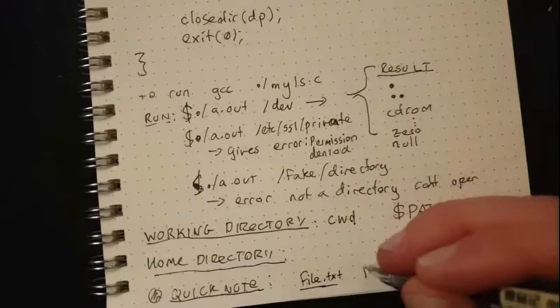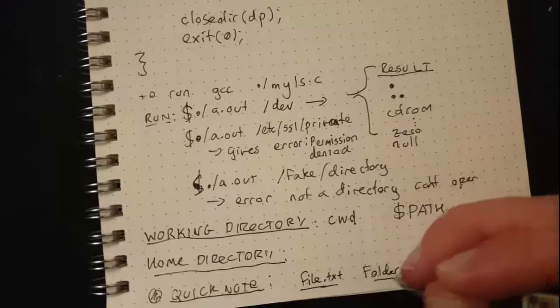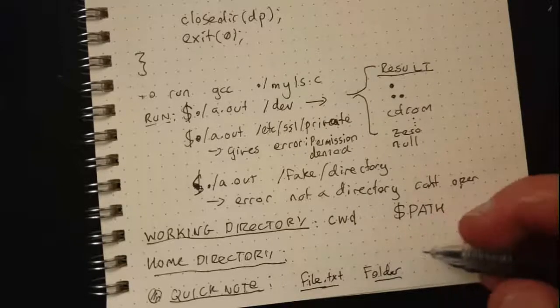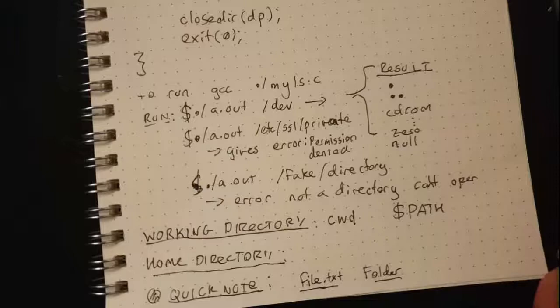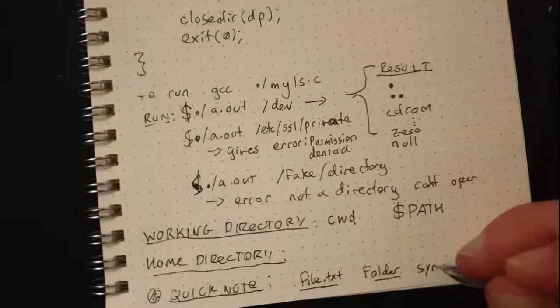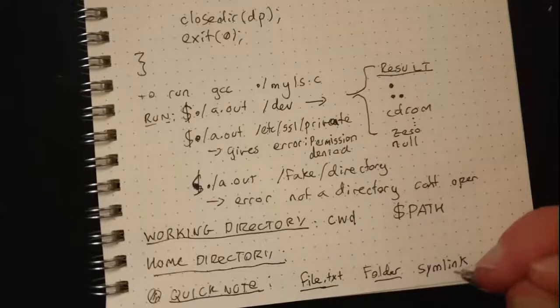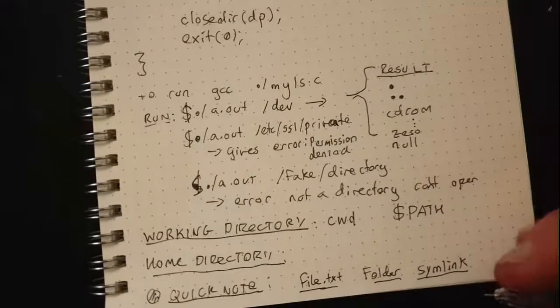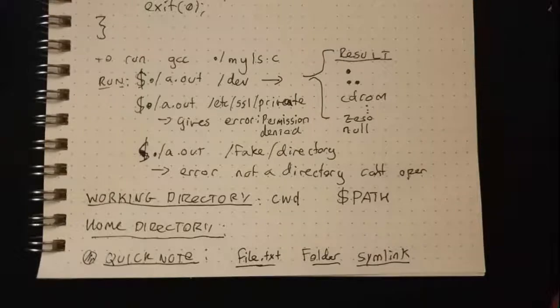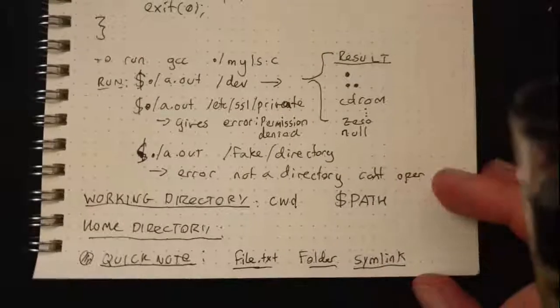A folder is considered a directory file. You can have symbolic links, which are different types of files. You can also have network files and other types of files, but that's covered in a later chapter.